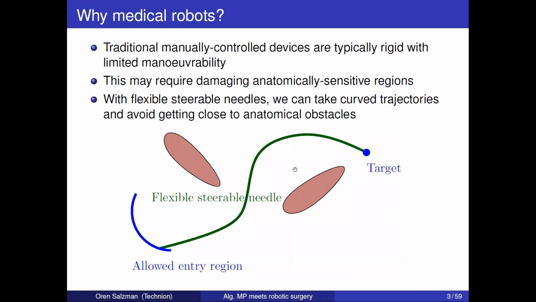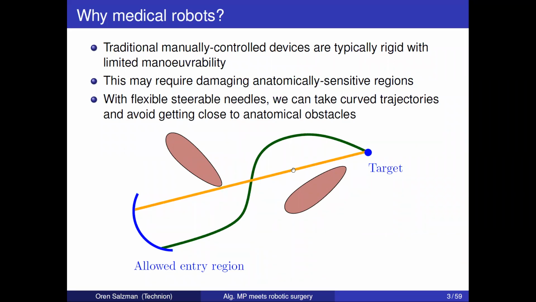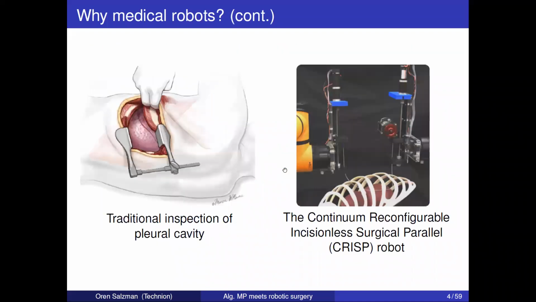In this cartoon, we see the green path taken by the steerable needle, and we see that it safely steers away from the two red obstacles, in contrast to the one with the rigid device.